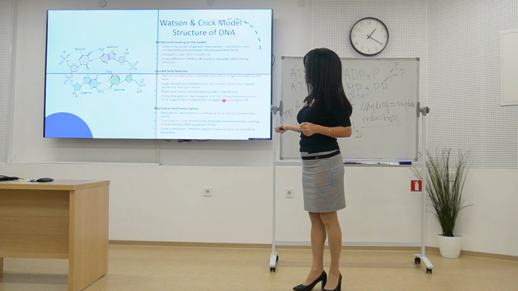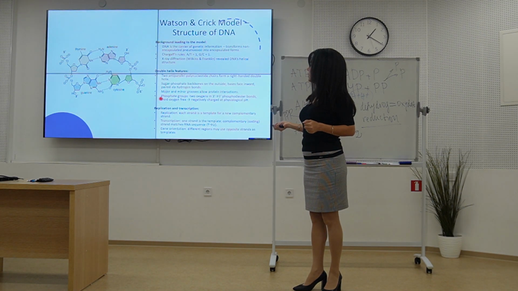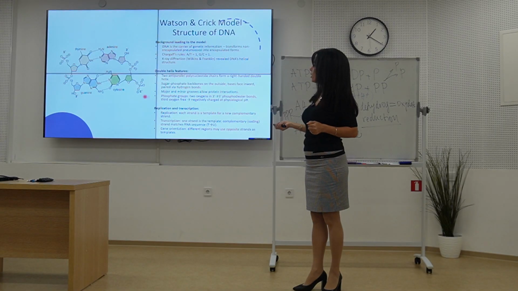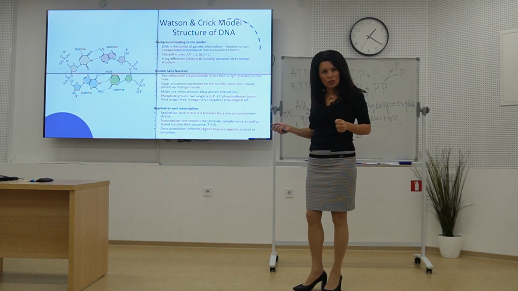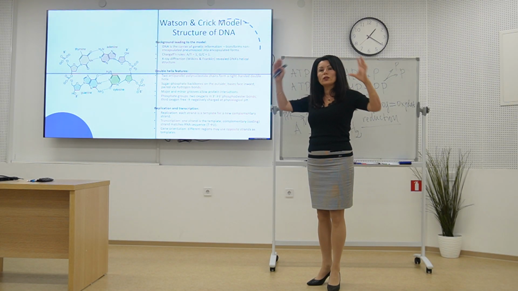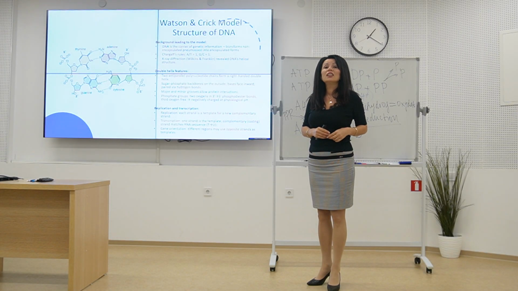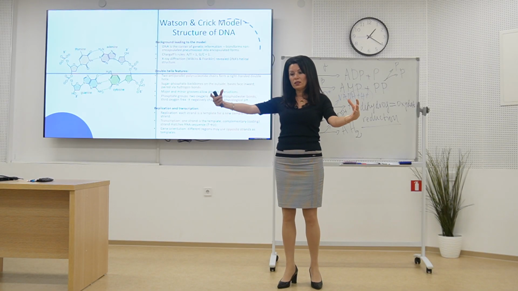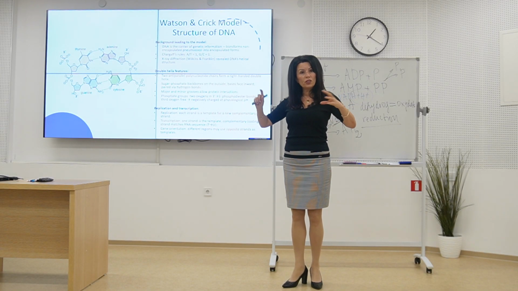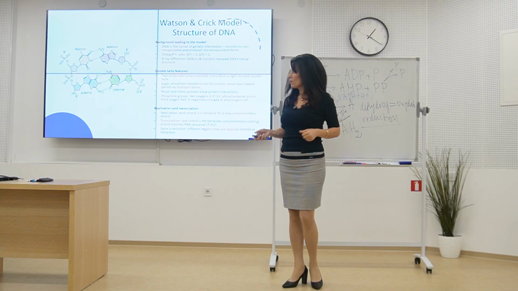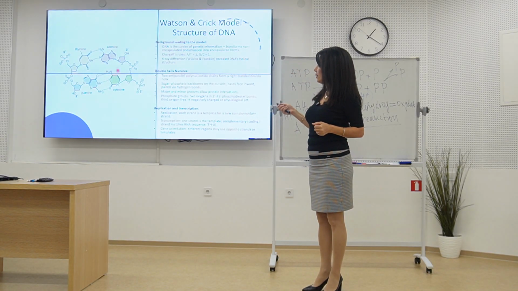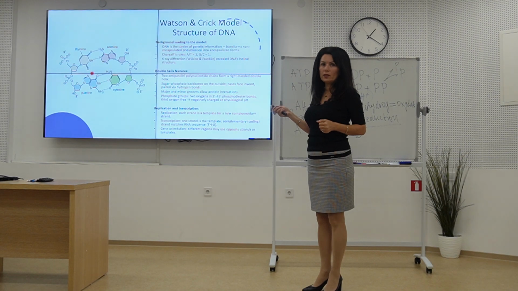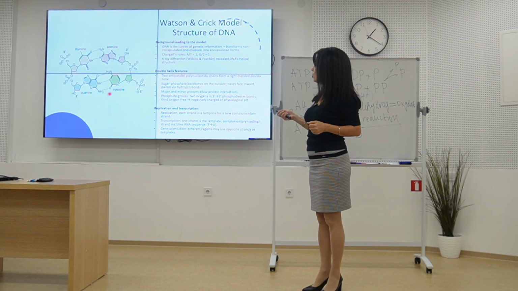And thanks to the phosphate groups, which are located outside and have negative charges, the total charge of DNA is negative and it can be attached to positively charged proteins, for example. But inside the helix are located the bases, which form these hydrogen bonds between them.